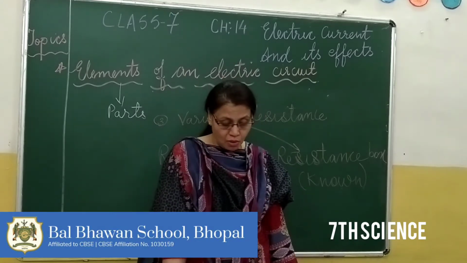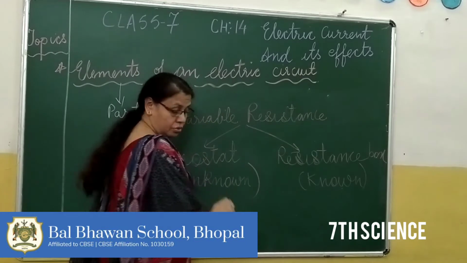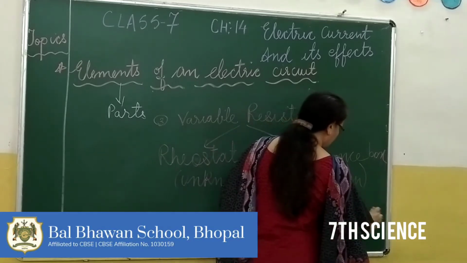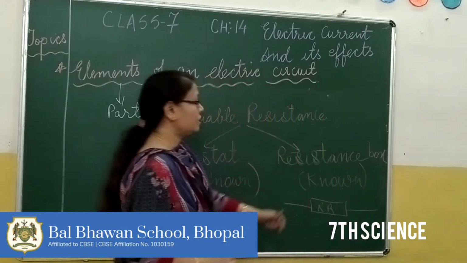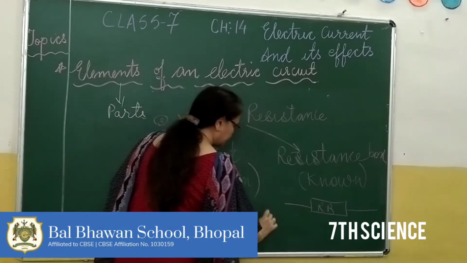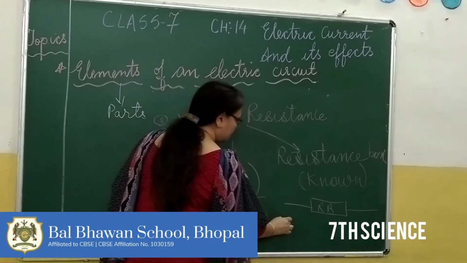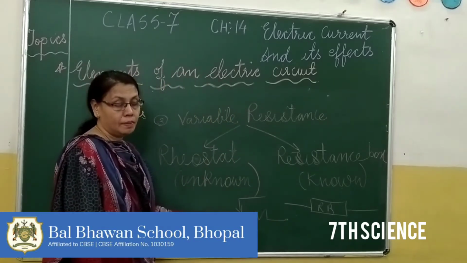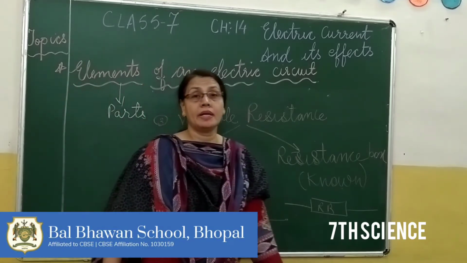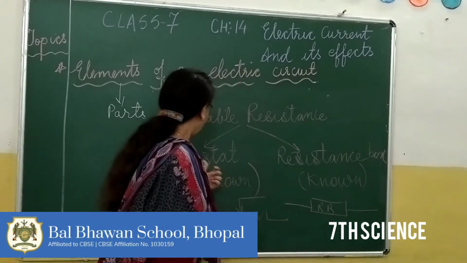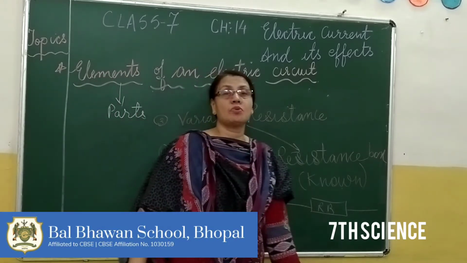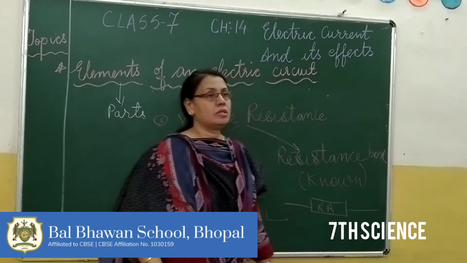Now coming to the symbols. When I talk about a resistance box, it is represented by this, and when I talk about unknown resistance, it is represented by this symbol. Clear? Variable resistance is one whose amount of resistance can be changed. A rheostat provides unknown variable resistance, whereas a resistance box provides us with known variable resistance.